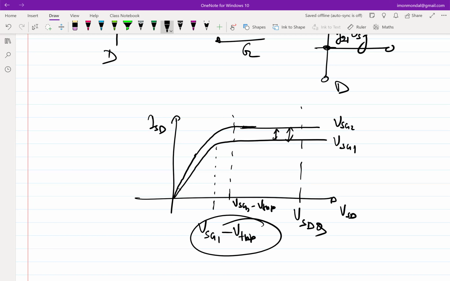That change in current is essentially the change in input voltage times some parameter, Y21. So this change will be Y21 times VSG2 minus VSG1. Mind you, this is only valid as long as the difference is small. If the difference is large, you have to include those square terms and all.